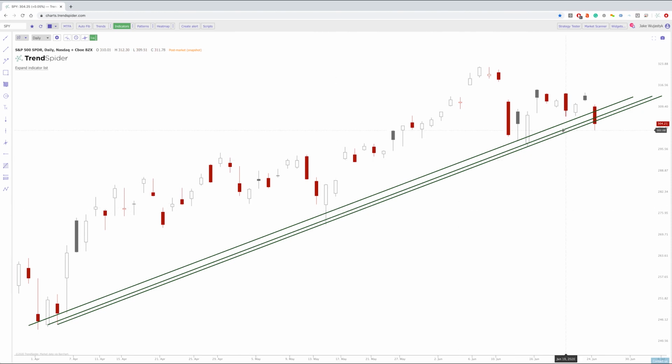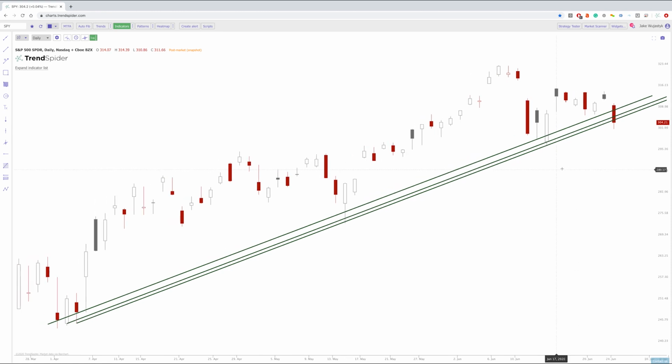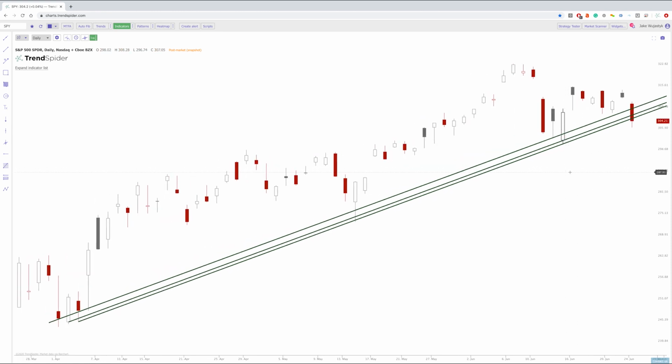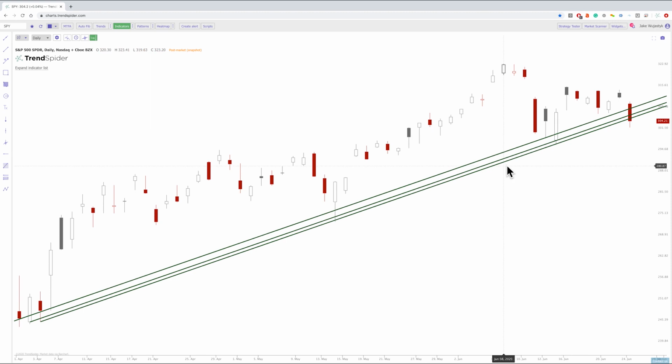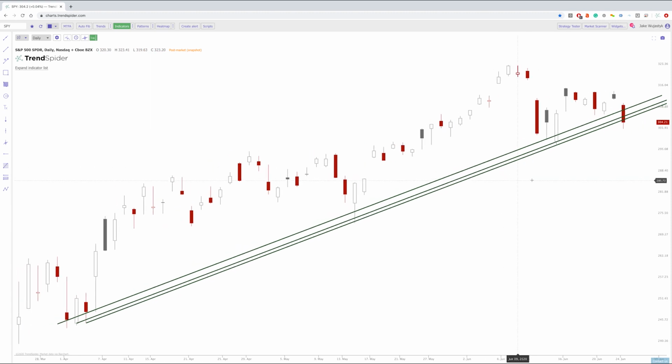So technically, the daily chart has really broken down here, at least from this perspective. Now, this is a classic way to flush people out before the reversal. I'm personally looking at the fact that the VIX, as much as it was up today, we have seen the VIX up a lot more on down days like this. So generally, I like to look at the VIX as an overall indication of, okay, is this really a bearish setup, or is this more or less just kind of a pullback in an uptrend?